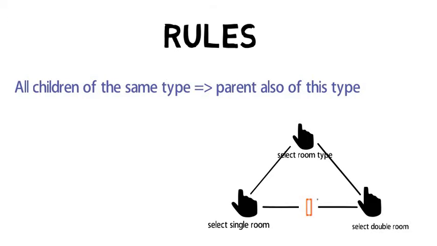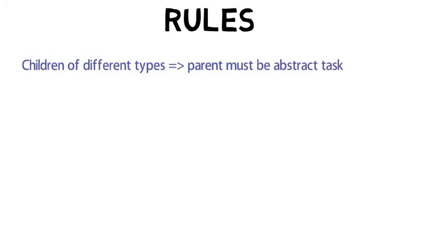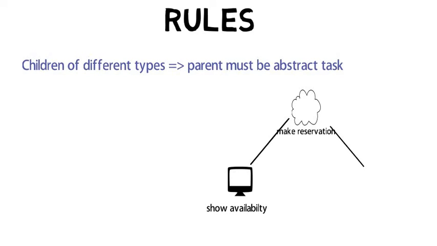The second rule is, if the children are different types of tasks, the parent must be an abstract task. As we see here in this example, the first child is an application task, and the second one is an interaction task, so the parent must be an abstract task.